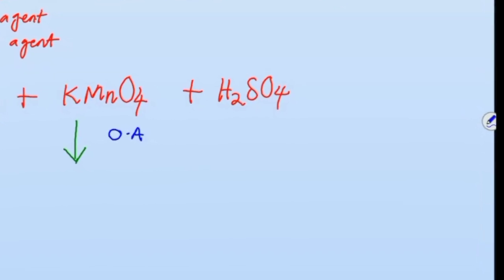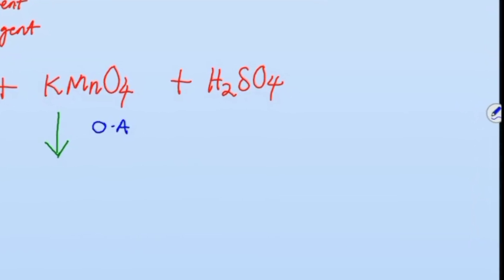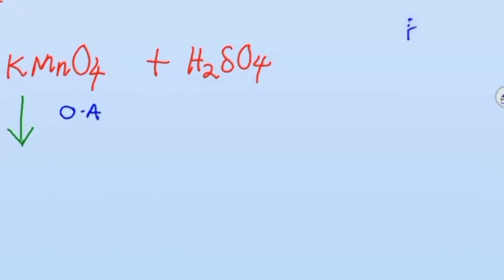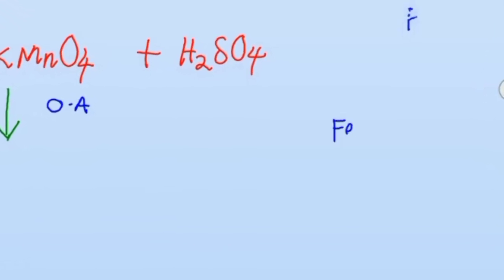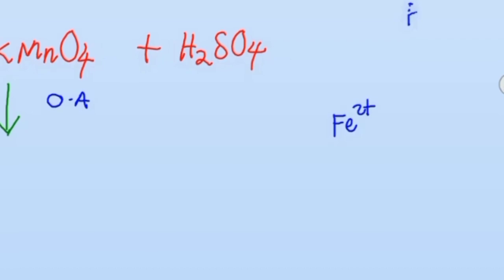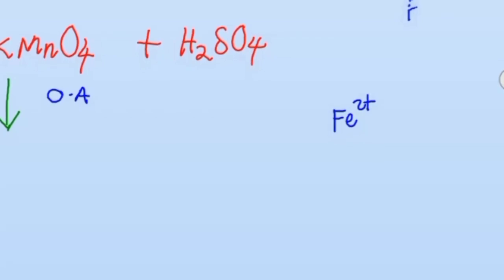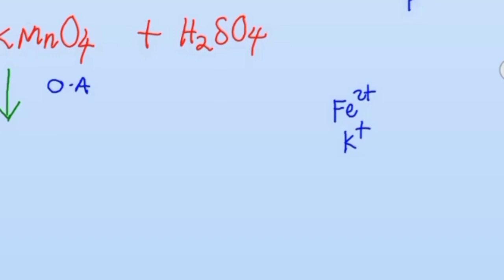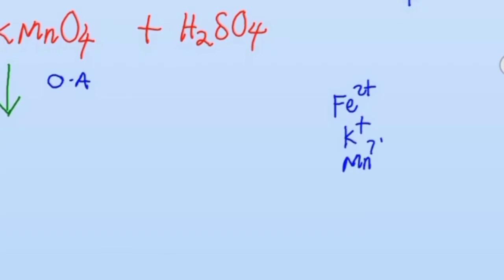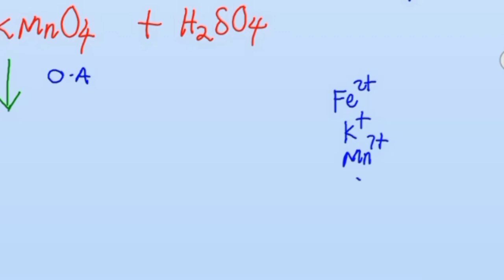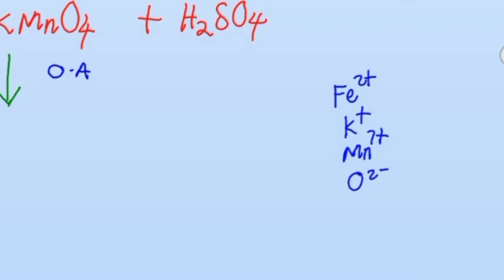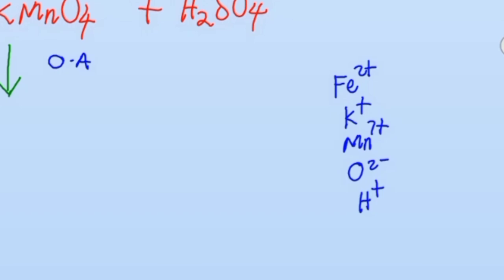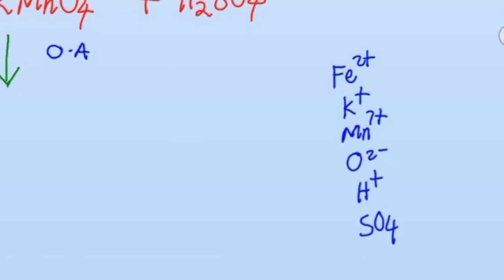Now, the ions involved in this reaction are Fe2+, which is iron 2, and then we also have K+, Mn7+, manganate 7, O2-, which is oxide, H+, and SO4 2-.